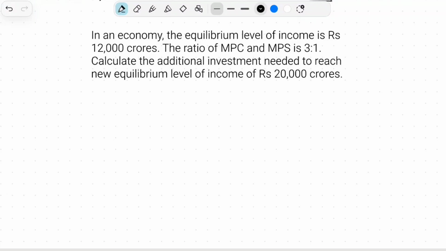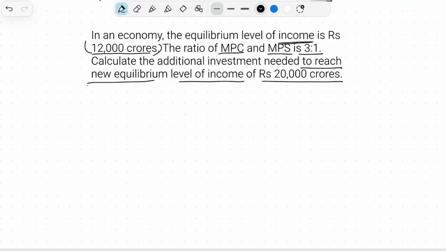Question number 3 says, in an economy, equilibrium level of income is 12,000 crores. The ratio of MPC and MPS is 3:1. Calculate the additional investment needed to reach a new equilibrium level of income of 20,000 crore. Understand the question. In an economy, the equilibrium level of income is already at 12,000 crore.